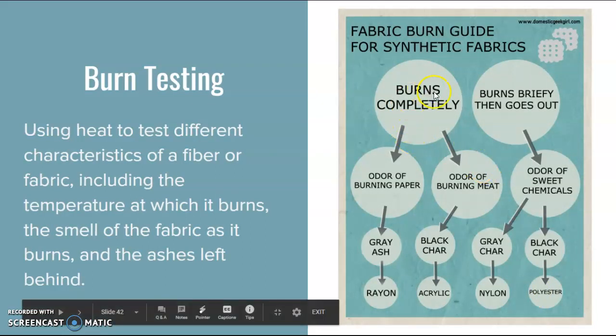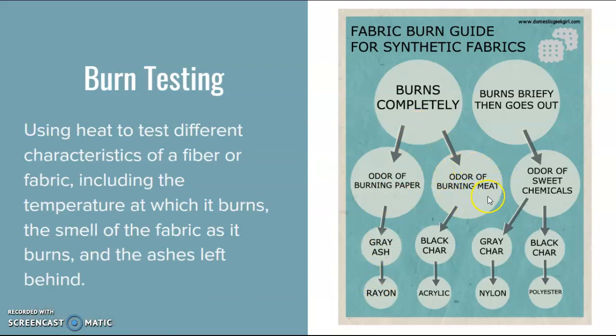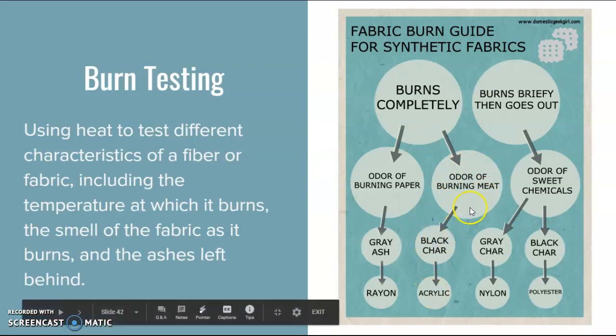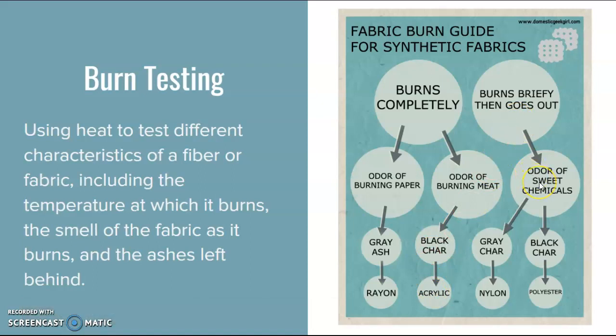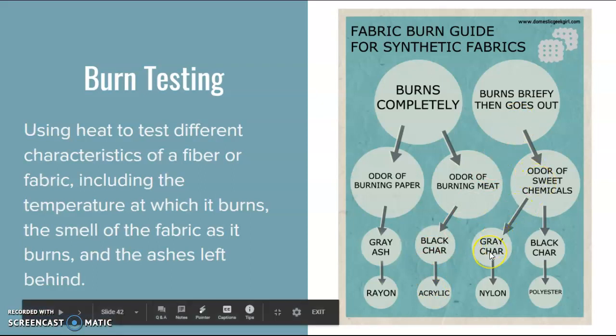Again, if it burns completely, has an odor of burning paper and leaves behind gray ash, then it is rayon. If it burns completely and has an odor of burning meat and leaves behind black char, then it is acrylic. If it burns briefly and then goes out, has an odor of sweet chemicals, leaves behind a gray char, it is nylon, or leaves behind black char, it's polyester.